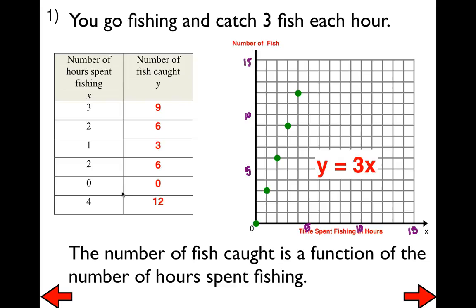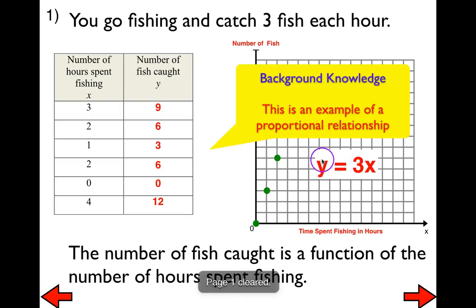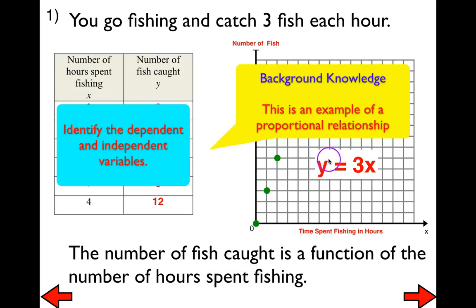And just remember, this is a proportional relationship because it's linear and it goes through the origin. So that's why it follows the form of y equals mx now, but in 7th grade, you did learn it as y equals kx. So, again, it is a proportional relationship.